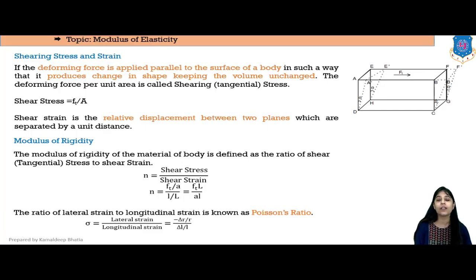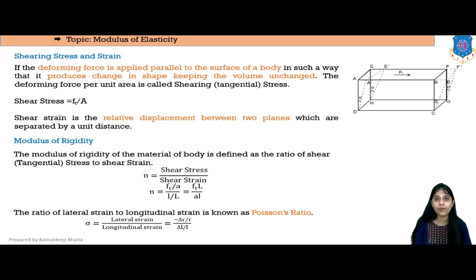Now let us consider a wire on which a deforming force is applied in such a way that its length increases. Now generally if its length increases, its radius will decrease. Let us consider the increased length is dl and the decreased radius is dr. So whenever the deforming force is applied on a wire, its length increases and its radius decreases.